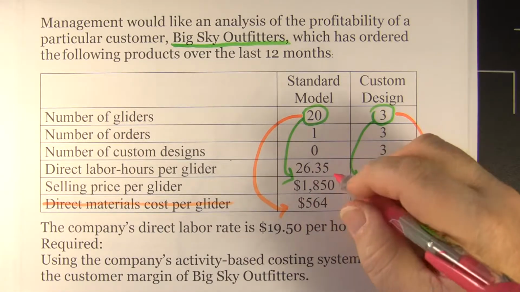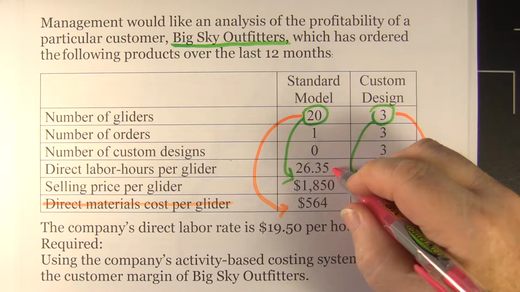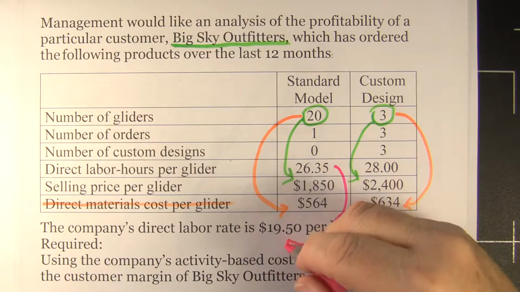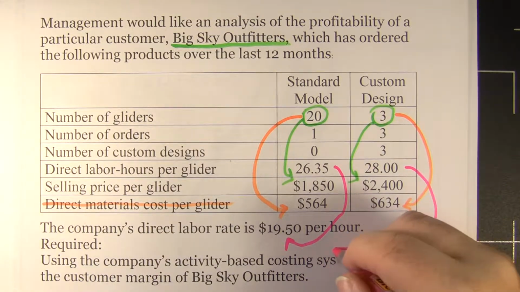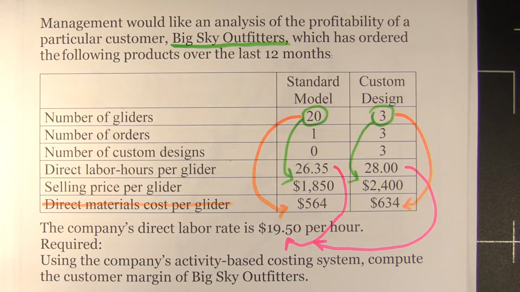The standard model takes 26 hours at $19.50, and the custom model takes 28 hours at $19.50.